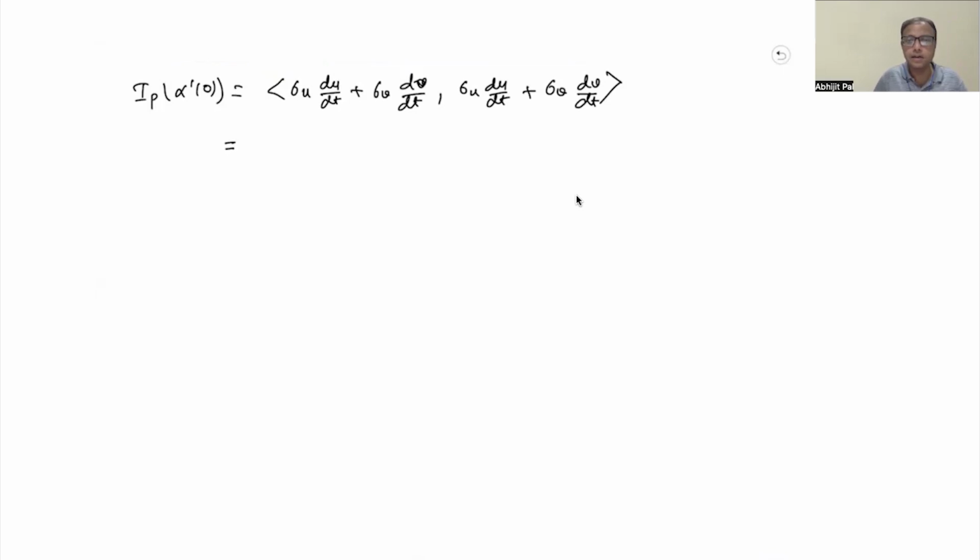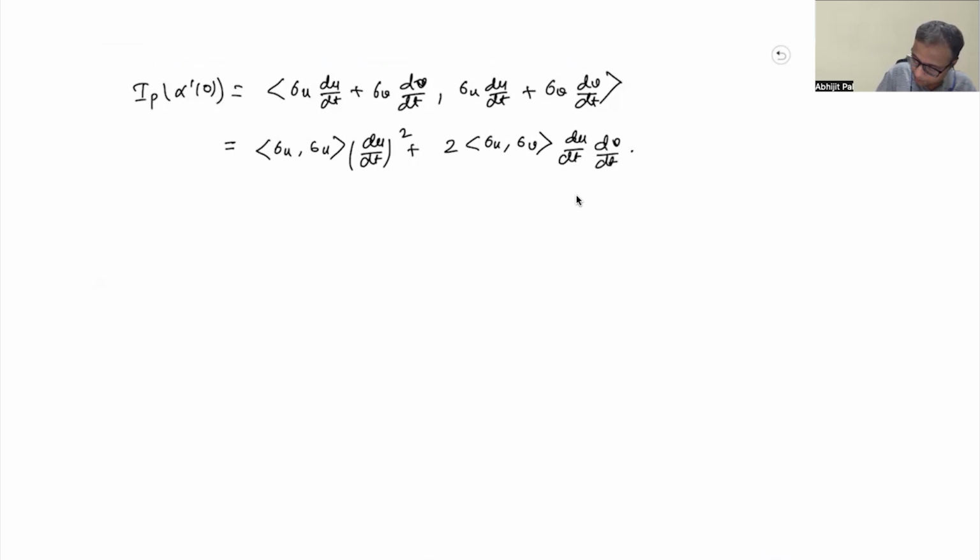And now by the linearity condition of this inner product, what we'll have is the inner product of sigma_u with sigma_u times (du/dt) whole square, plus twice the inner product of sigma_u, sigma_v times du/dt times dv/dt, plus the inner product of sigma_v with sigma_v times (dv/dt) whole square. Okay.